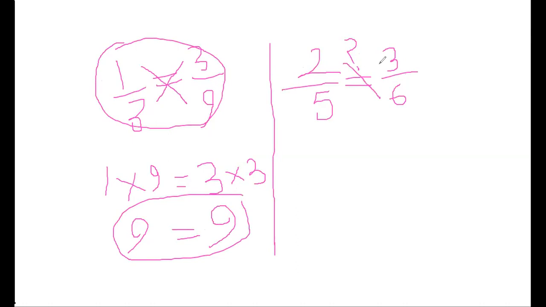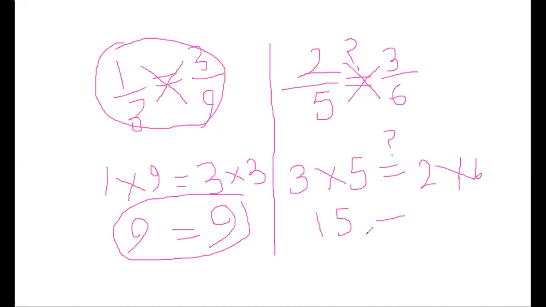This times this and this times this. 3 times 5 is 15 and 2 times 6 is 12. 15 is not equal to 12. So you can say that these two ratios, this proportion, are not equal.